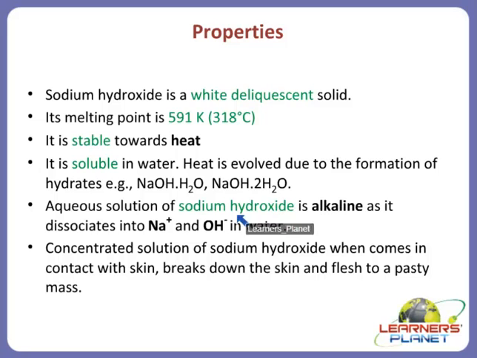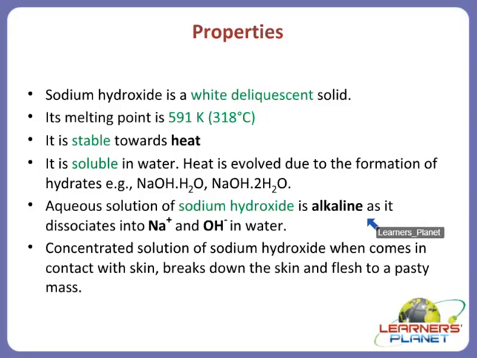Am I clear? Aqueous solution of sodium hydroxide is alkaline. Alkaline means it is basic in nature. We have all done this: why do bases have basic properties? Because they release OH minus ions or hydroxide ions in solution. Clear?